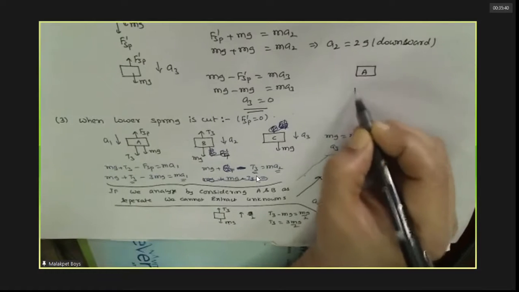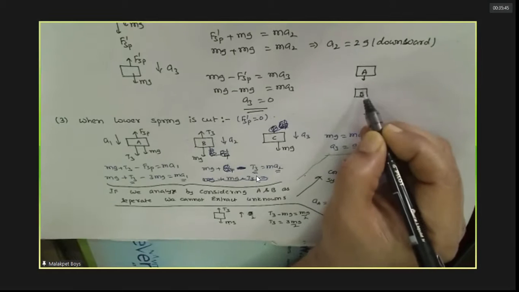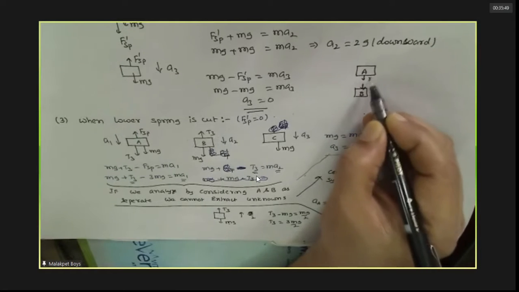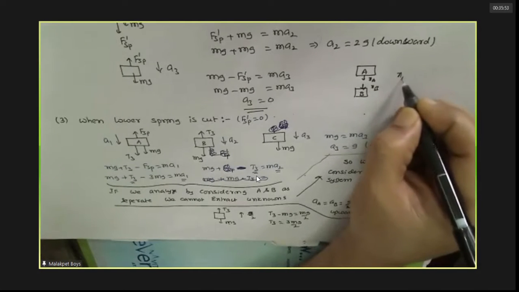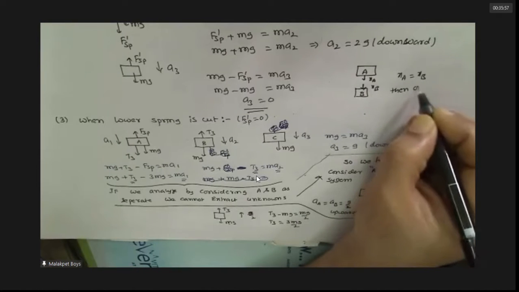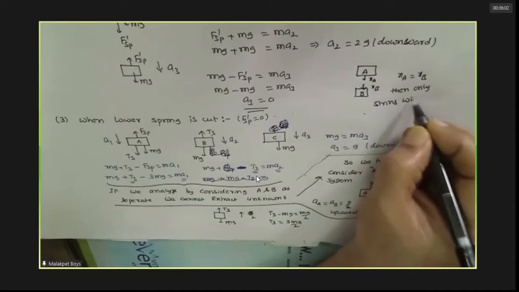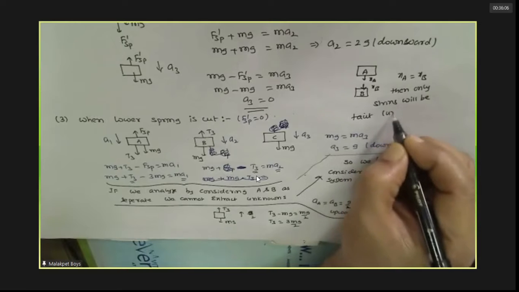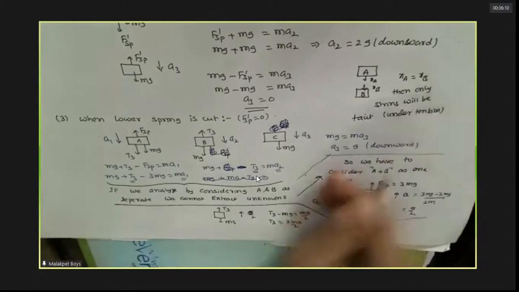This is A, this is B. Now this is having one velocity x. This should also move down in the same direction, no? xA must be equal to xB for the string to be taut, no? Taut means under tension, no? Correct.